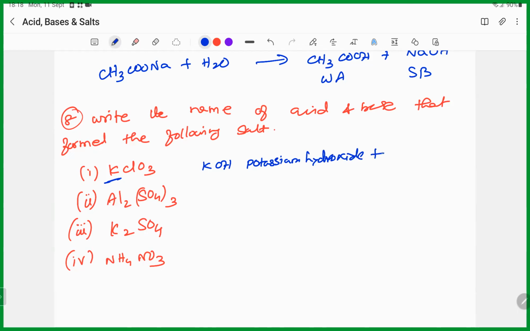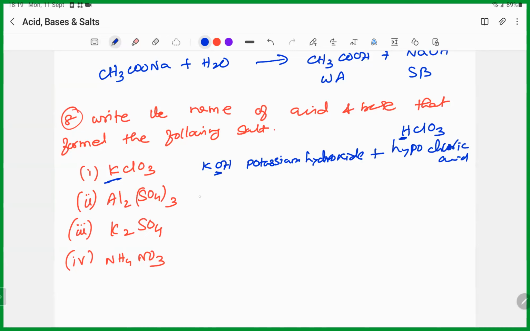Hydroxide plus remaining இருக்கிறது hypochloric acid, HClO3. Then what will happen? This H, this OH will go as a water, remaining it will be a salt.